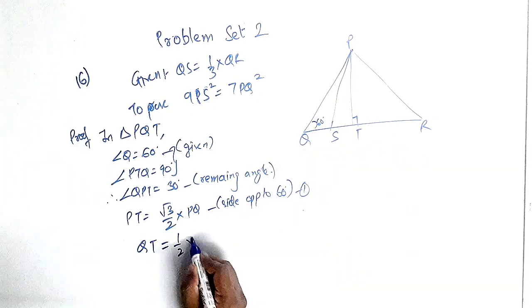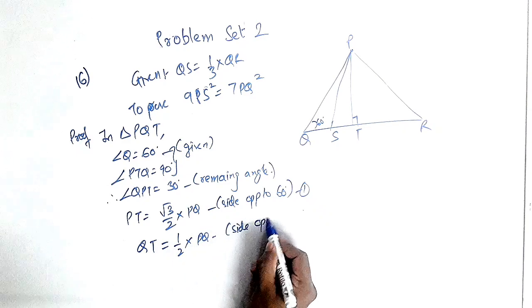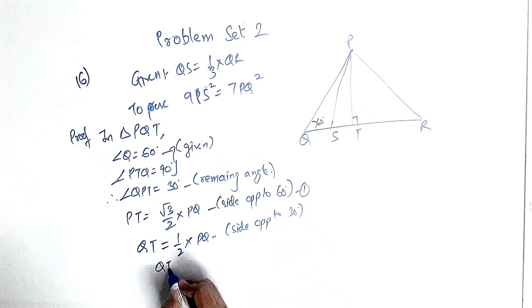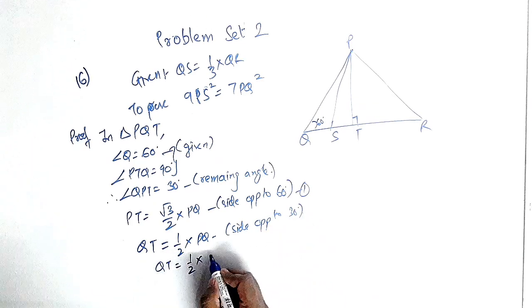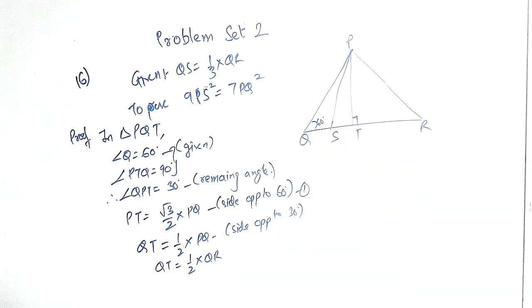QT is half of PQ, side opposite to 30 degree. Okay, so I can write, instead of PQ I can write QR. QT is half of QR also. Okay, is point number 2.